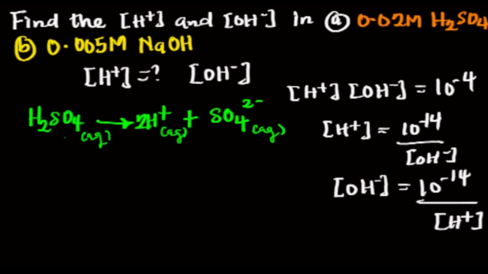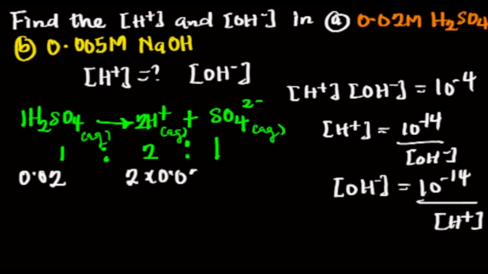And from the concentration, the ratio here is actually 1:2:1. What it implies is that we are going to have 0.02 molar of H2SO4 that produces 2 multiplied by 0.02 molar of hydrogen ion, and also 1 multiplied by 0.02 molar of SO4 2 minus.